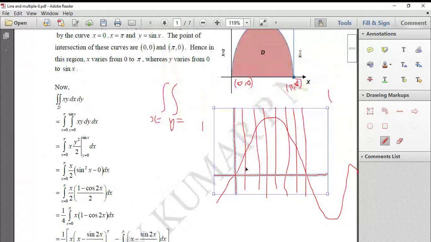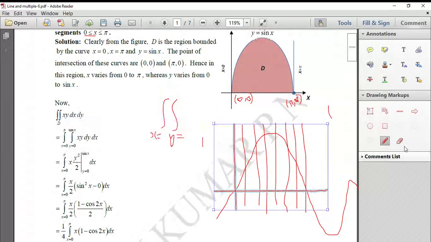So you have to consider all those points x comma y where x is equal to 0, x is equal to pi, and y is equal to sin x, all of them intersect, right? Very simple. It is intersecting at 0 comma 0 here, and at pi comma 0 at this point.